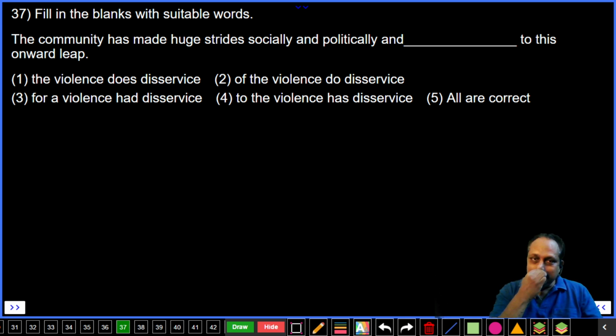Here, the sentence is in present tense. The violence does what? Disservice. On to this onward leap. This seems grammatically correct. The violence do, it is not correct. For a violence had, this is also not correct. To the violence has disservice.